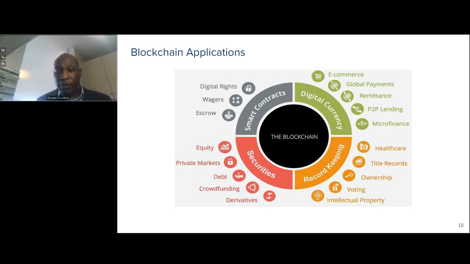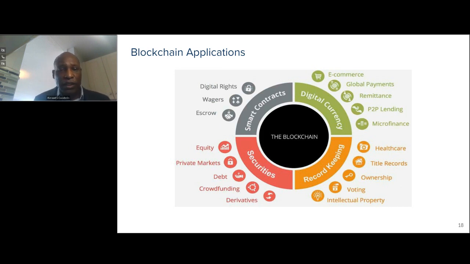There's been talk about title records being used, using the blockchain application so you can restore your information on title records. The healthcare industry is a bit dicey because there are some challenges with healthcare laws here in the U.S., but this could possibly work maybe in Europe with GDPR. Intellectual property, you'll see this term being used over and over again when it comes down to record keeping, owning that intellectual property. So you'll see this term being used in non-fungible tokens.